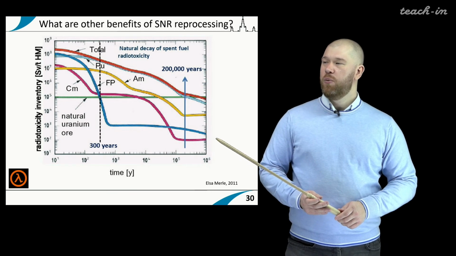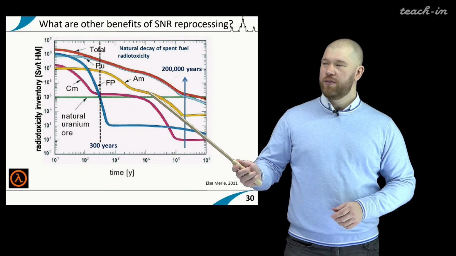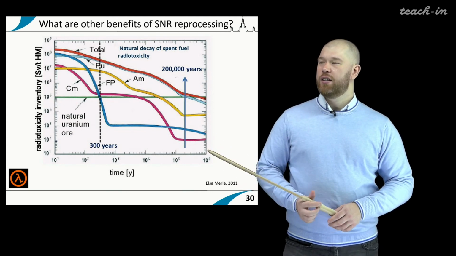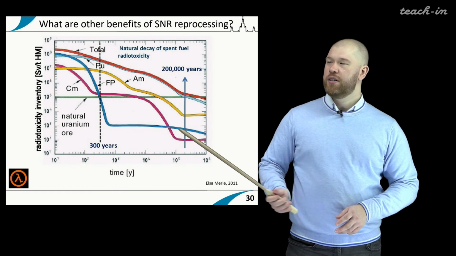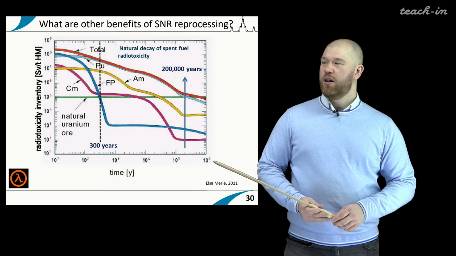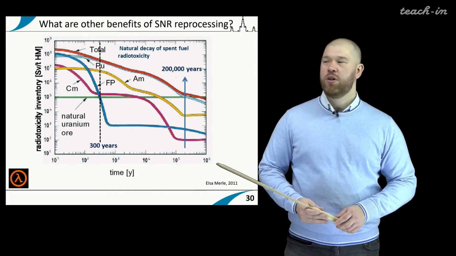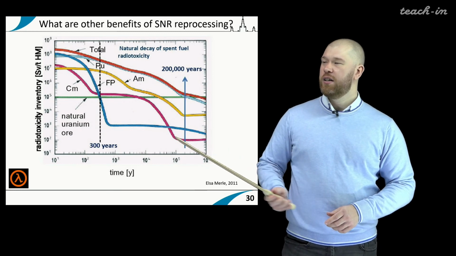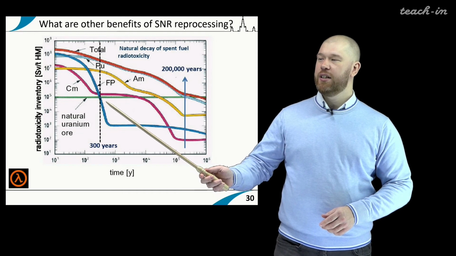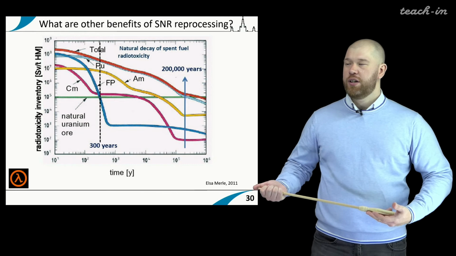But if we take out all the long-lived radionuclides like actinides, like technetium and others, that means that in general, if we will have only fission products like cesium, strontium and some others, that means that already after 300 years we will reach radioequivalency. What does it mean?